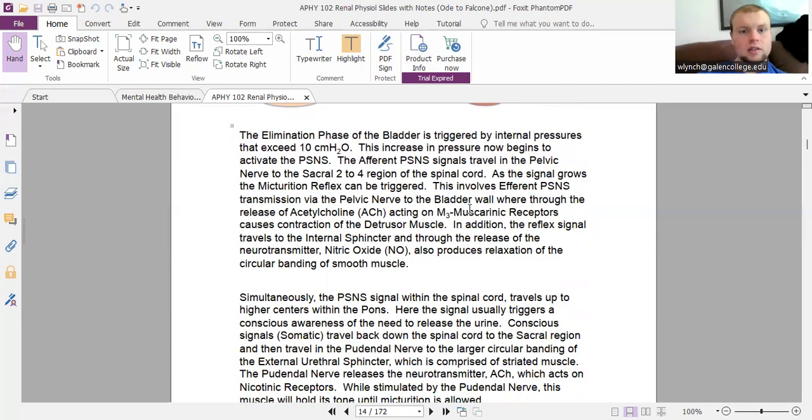This is going to contract the detrusor muscle by acetylcholine binding to the muscarinic receptors, which are also known as M3 receptors. Also, we saw our parasympathetic innervation of the internal and external urethral sphincters. The internal urethral sphincter is going to be relaxed because of nitric oxide production and binding.